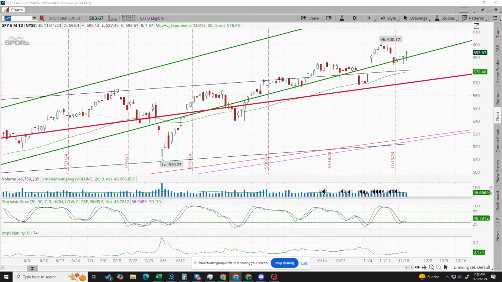How do I change time frames? How do I change the candles? How do I change the settings? How do I add in, right? All chart platforms are different. I've seen some where it took a while and I'm like, geez, this is not very intuitive. And that's IB. Not always very intuitive, right?